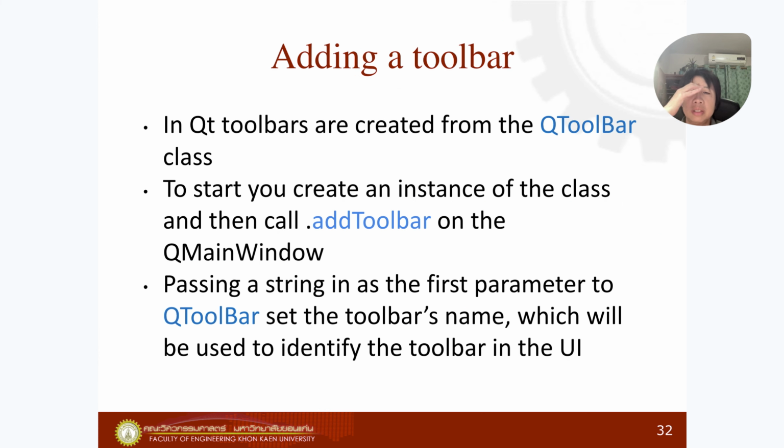Okay, so the next thing that we're going to learn is adding a toolbar. In Qt, toolbars are created from the QToolBar class. So to start, create an instance of the class, then we can call addToolBar on the QMainWindow. We can pass a string in the first parameter to QToolBar to set the toolbar's name.